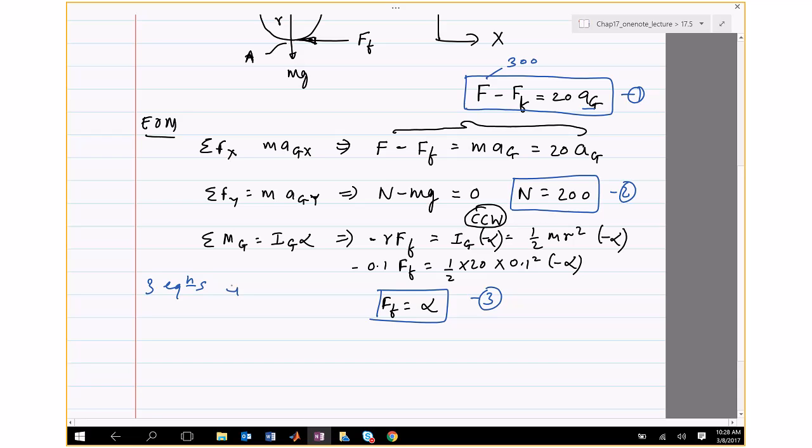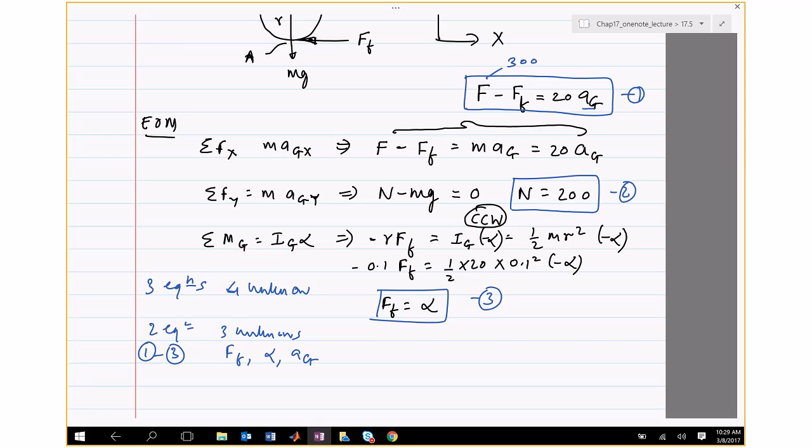Or you could think of it this way: I know N, so let me not think of equation 2. In that case, you have two equations, 1 and 3, and three unknowns: Ff, alpha, and ag. We can't calculate Ff because you don't know what the friction force is.